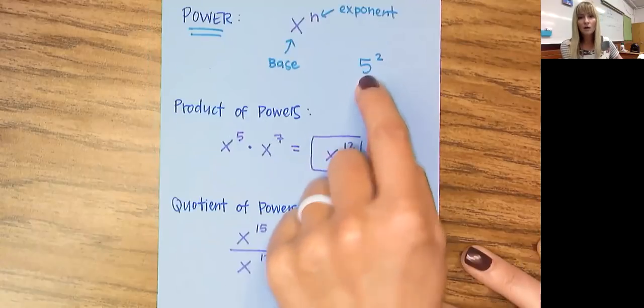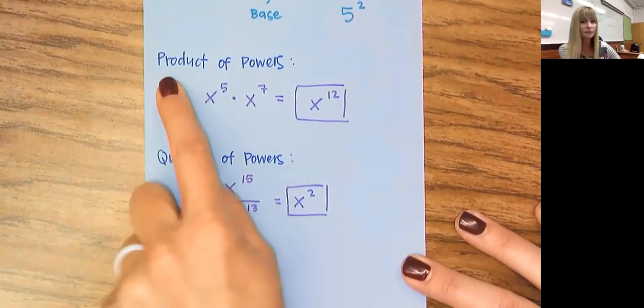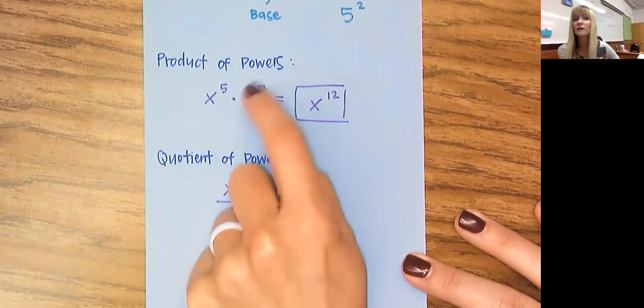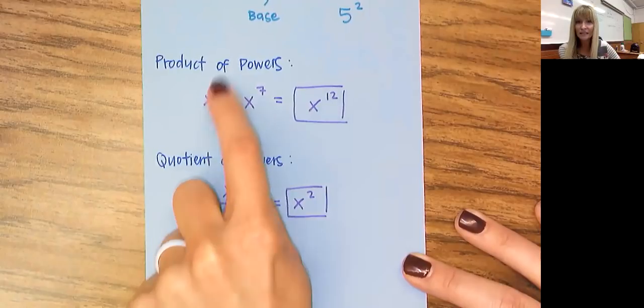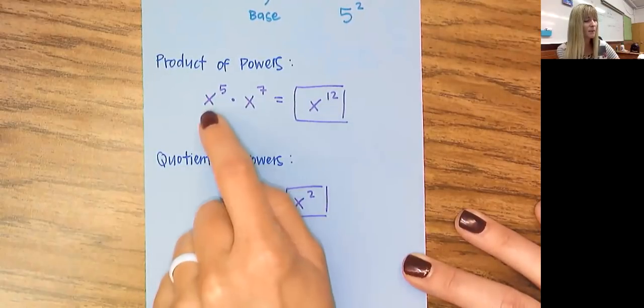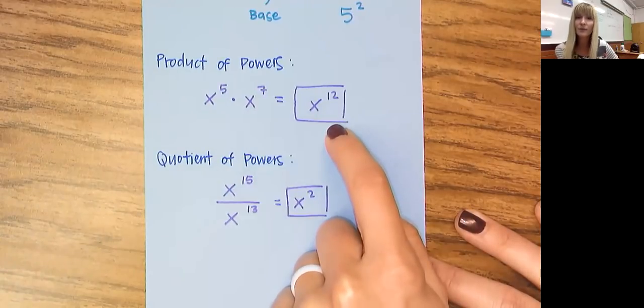You also learned last week a couple of rules that you can do with these. Product of powers: if you take a power of x times another power of x, these are individual powers because they each have their own base and exponent. The rule is you add the exponents. The base remains, but you add the exponents.